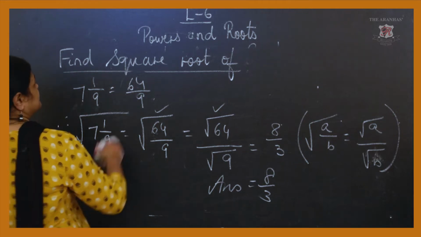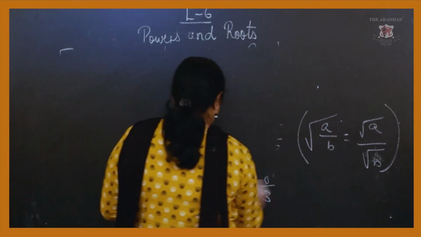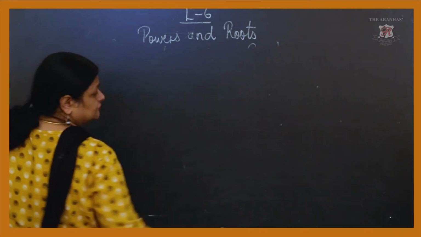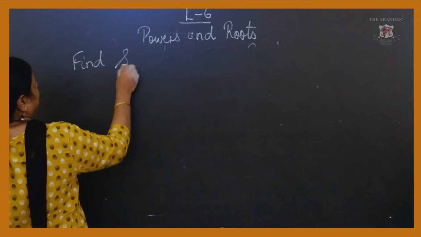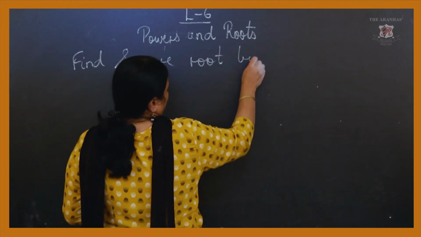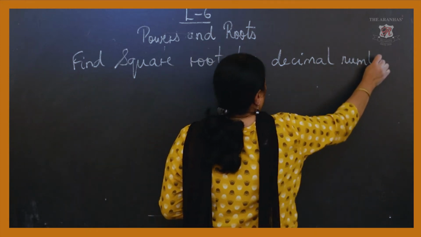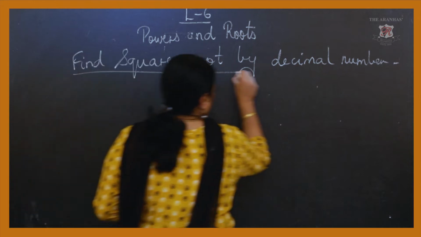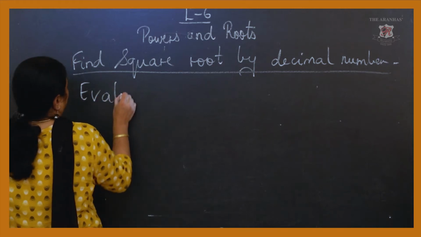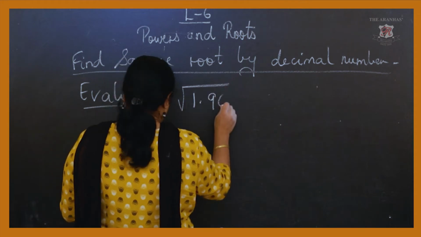Okay, now the next thing we are going to do is find the square root of a decimal number. Now, below that I am writing, evaluate root 1.96.